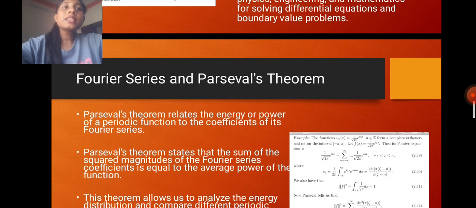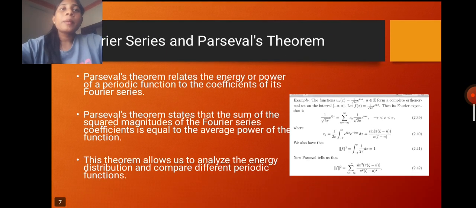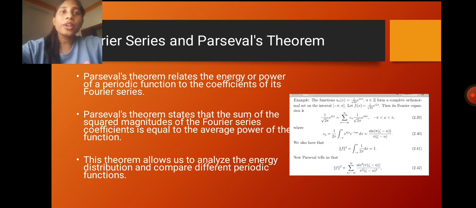The Fourier series and Parseval's theorem. Parseval's theorem relates the energy or power of a periodic function to the coefficients of its Fourier series. It states that the sum of the squared magnitudes of the Fourier series coefficients is equal to the average power of the function.